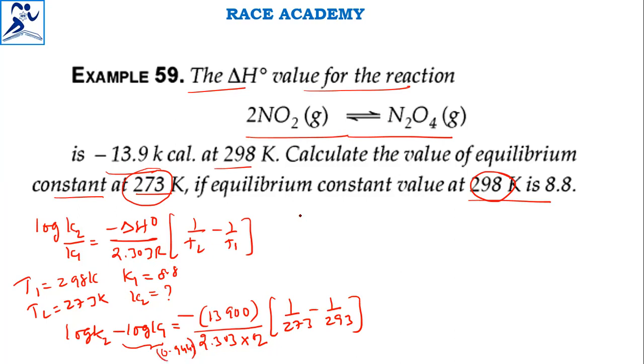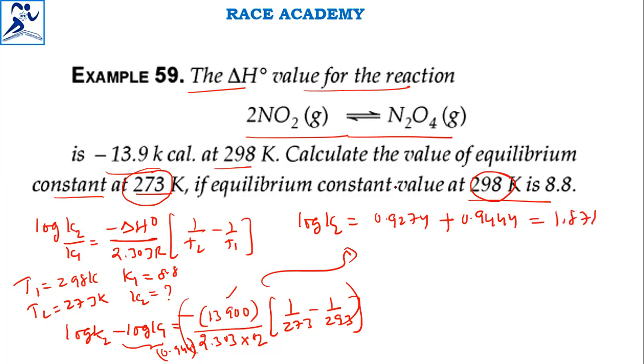So log K2 will be equal to the simplification value 0.9274 plus log K1 value 0.9444, which becomes 1.8718. K2 is then the antilog of 1.8718, and the antilog value is 74.4.